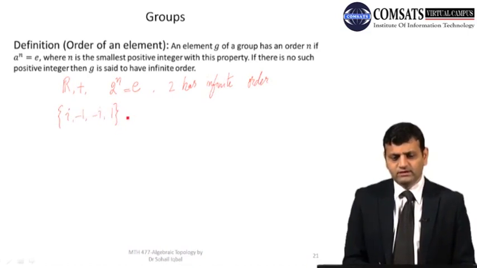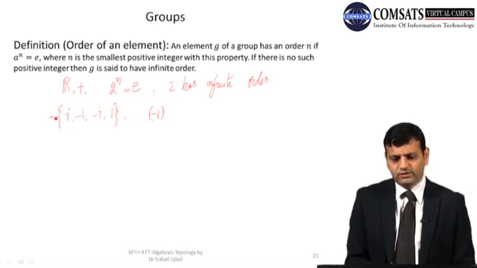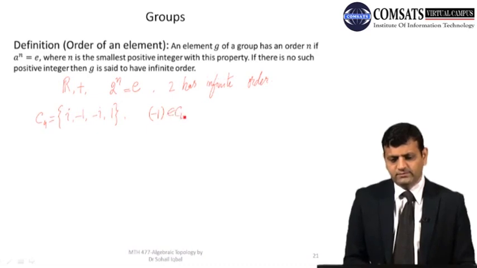On the other hand, if we consider the cyclic group generated by iota with elements iota, minus 1, minus iota, 1, and I take an element, let's say minus 1, belonging to this group C4, then we can see that there exists a positive integer 2 such that minus 1 raised to power 2 is equal to 1, which is the identity element.